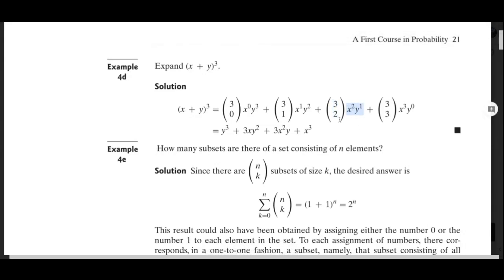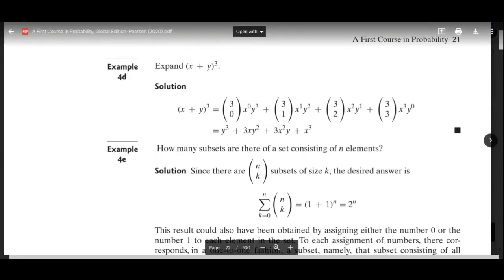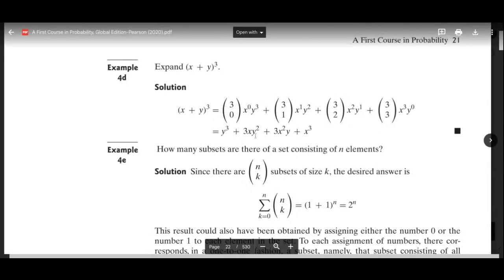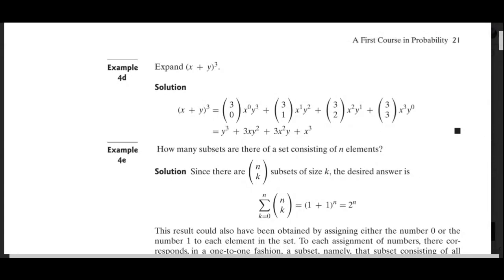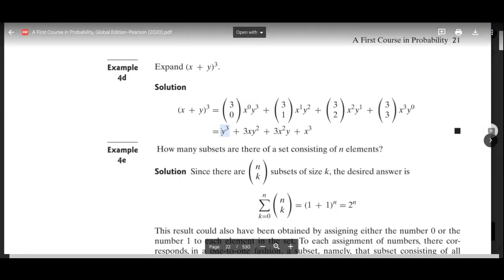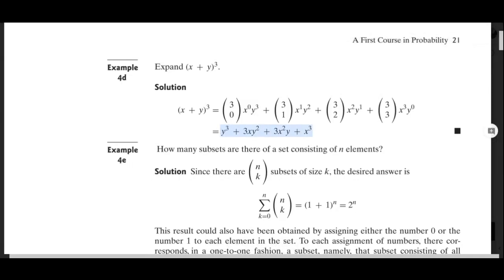Then x raised to 2, the index 2, and y raised to 3 minus 2, which is 1, or just y. That way it looks easier to expand. Right, so we simplify a little bit, and we get y cubed plus 3xy squared plus 3x squared y plus x cubed.